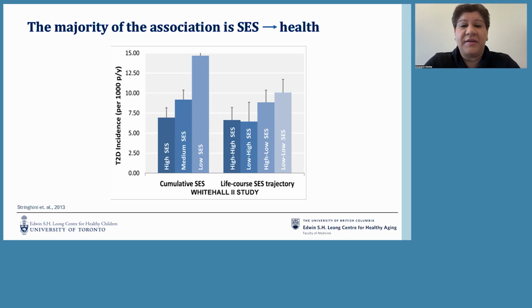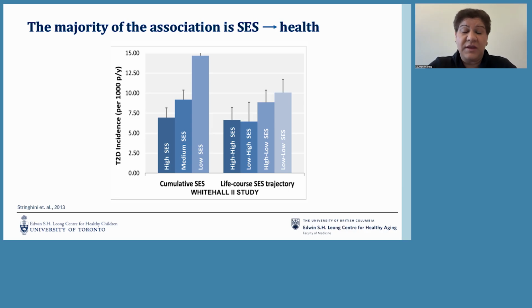It looked at cumulative socioeconomic conditions over the life course, sort of the trajectory of socioeconomic conditions over the life course, and looked at the relationship between that and the population incidence of type 2 diabetes, meaning the risk of developing type 2 diabetes.